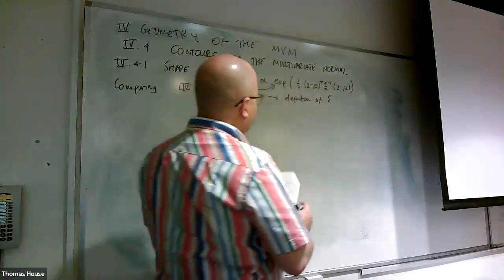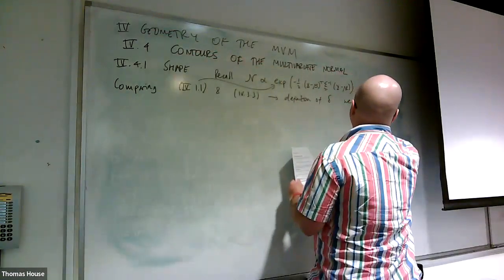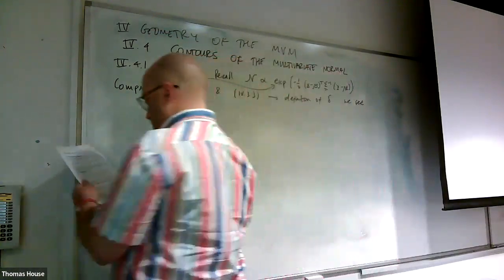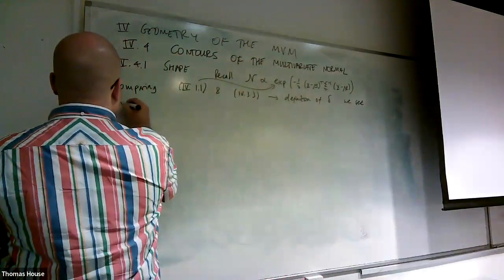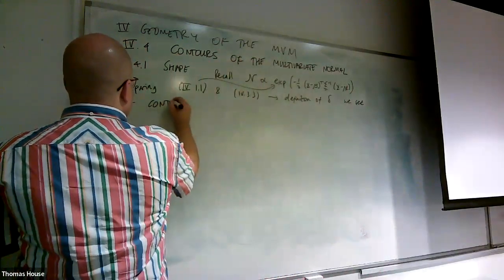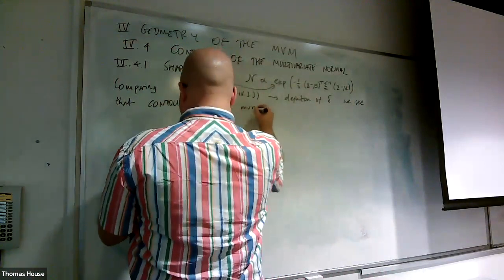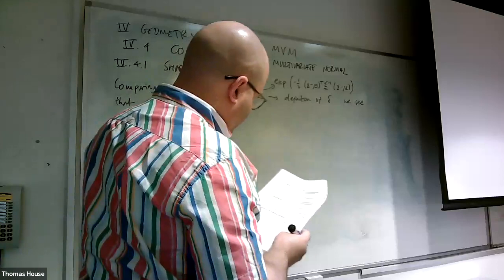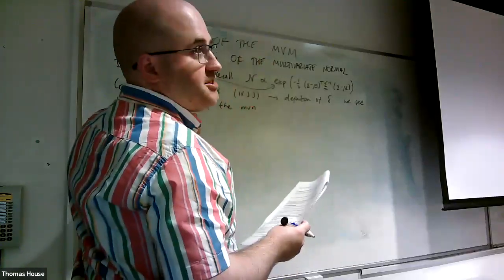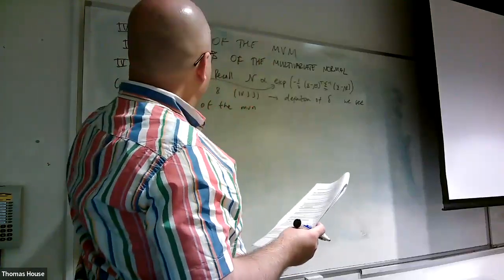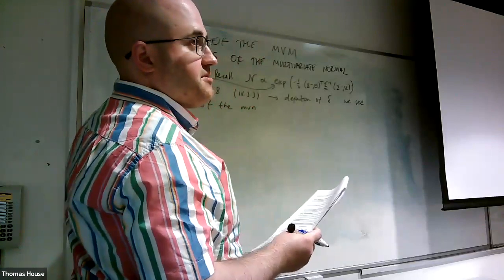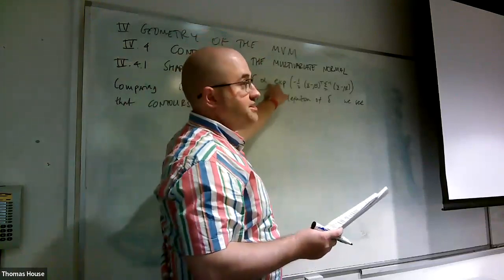We see that contours of the multivariate normal are curves of, so that's contours is defined in chapter 3, right? A contour is a curve of constant probability density.